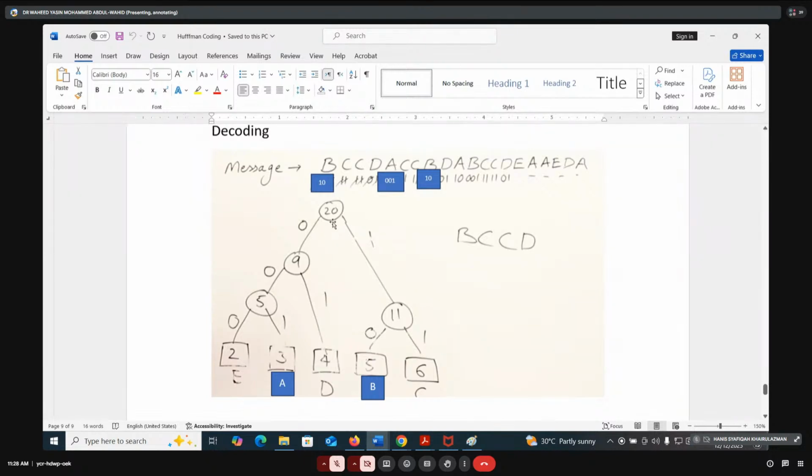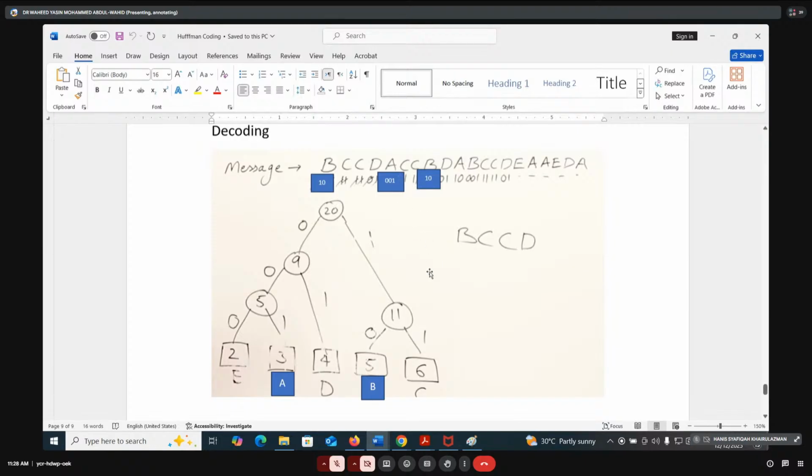B is 1 0. Now I'm writing the code. B, C, C, D. B is 1 0. C, what is C? 1 1. A is 0 0 1.